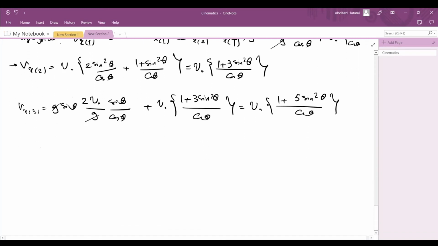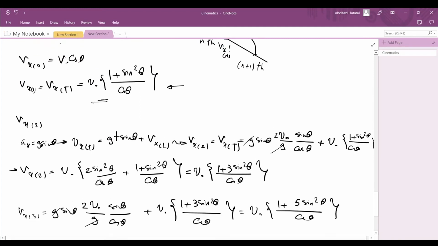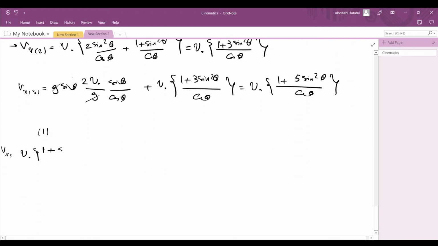It means that after the first collision, our Vx of n is v0 times 1 plus sine square divided by cosine of theta. After the second collision, v0 times 1 plus 3 times sine square of theta divided by cosine of theta.